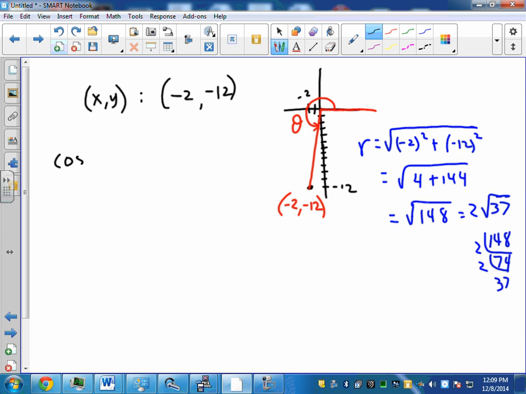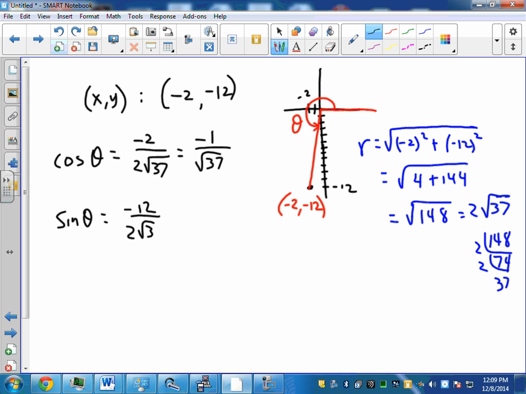So the cosine of theta is x divided by r, which is -2 over 2 square roots of 37, which reduces to -1 over the square root of 37. The sine of theta is the y-coordinate, -12, over 2 square roots of 37, which reduces to -6 over the square root of 37. And lastly, the tangent of theta is y over x, -12 over -2, which is simply +6.